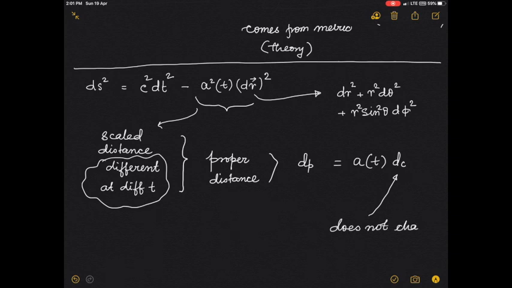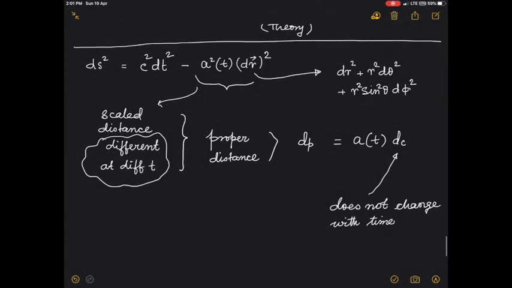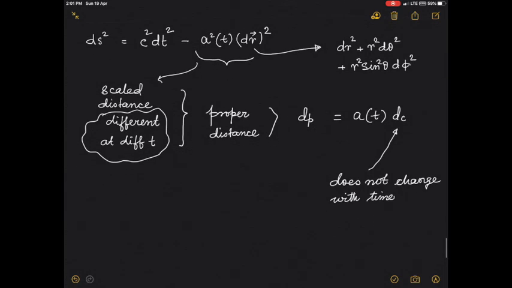So this is a distance that does not change with time. Imagine that you have the FLRW metric today, and you measure a dc, the distance that doesn't change with time.